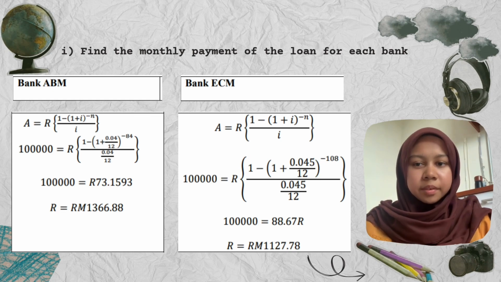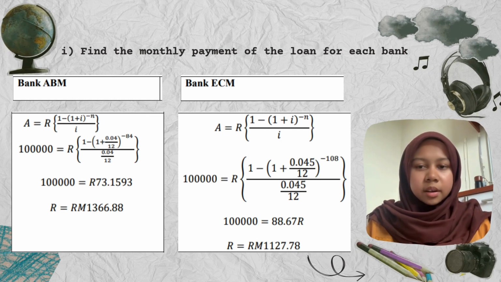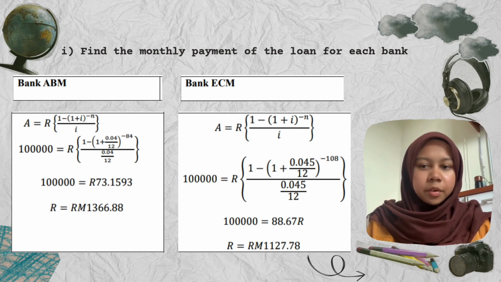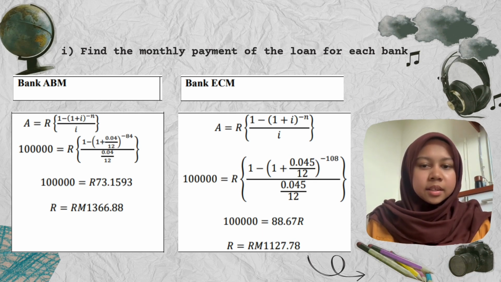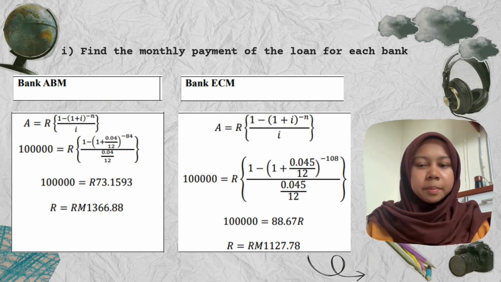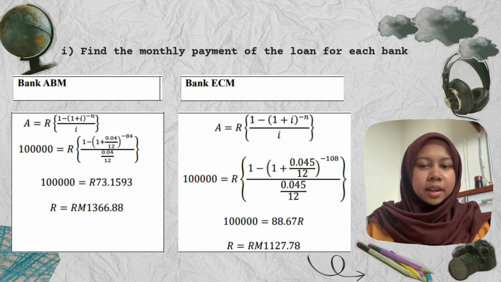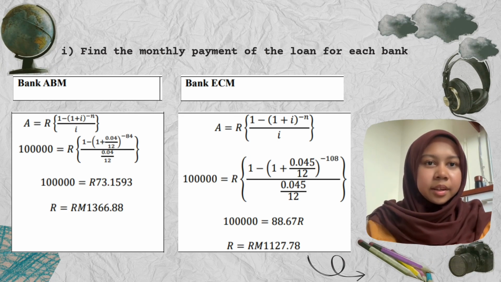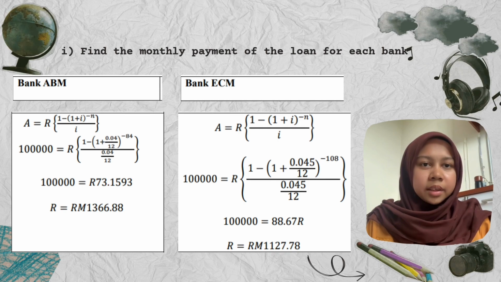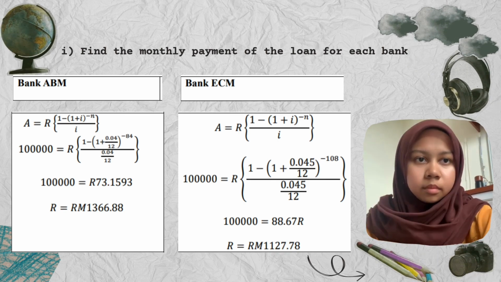For the first question, we will find the monthly payment of the loan for Bank ABM first. The P equals 100,000, the I equals 0.04 over 12, and the N is equal to 84. We will use the formula A equals R multiplied by 1 minus 1 plus I to the power of negative N over I. We will insert all the numbers into the equation and we will get R equal to 1366.88.